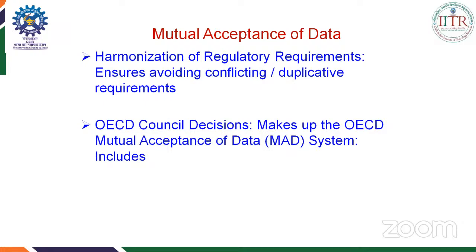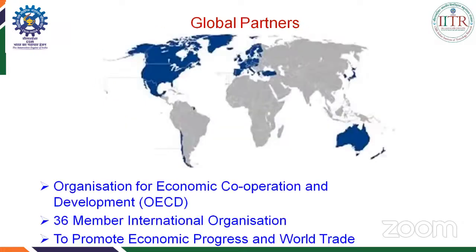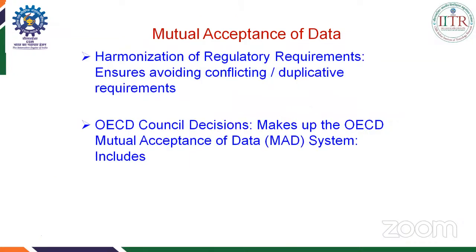I'll just go back one slide and show you. When OECD came into being, there were initially 36 full-time member countries, which you can see on your screen. Over a period of time, about 56 other countries also joined in. So now there are around 92 or 94 countries, of which 36 are full-time members and the remaining are observer countries.